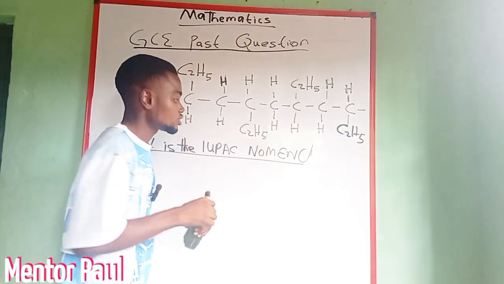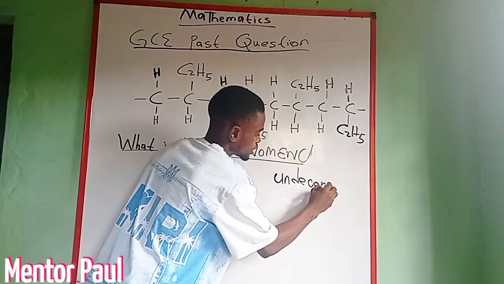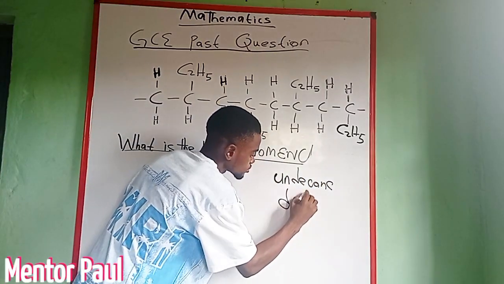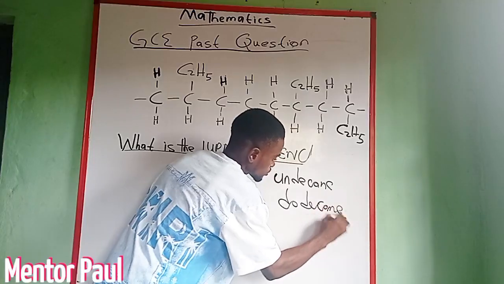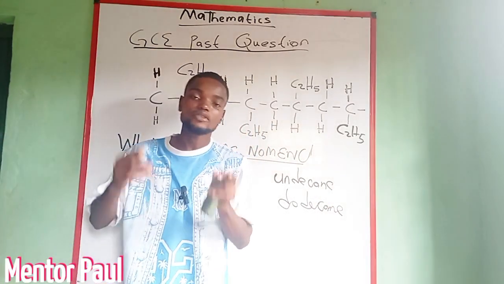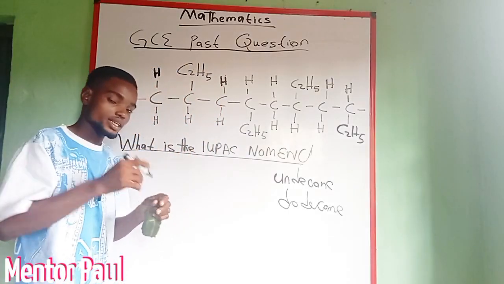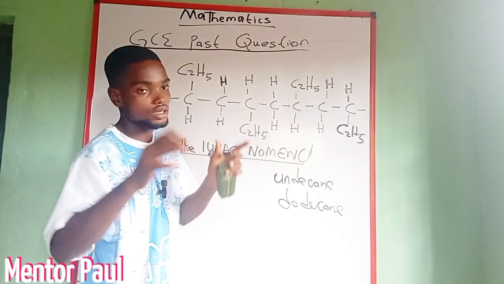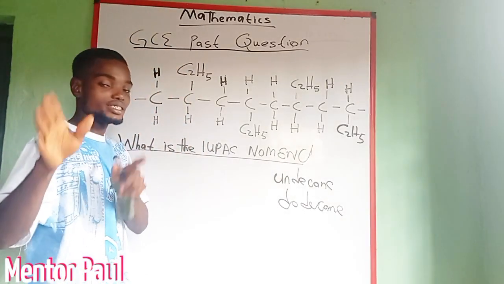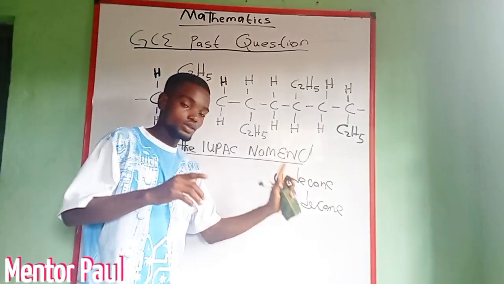Now 11 is known as undecane. 12 is known as dodecane. 13, tridecane. 14, tetradecane. 15, pentadecane. 16, hexadecane. 17, heptadecane. 18, octadecane. 19, nonadecane.